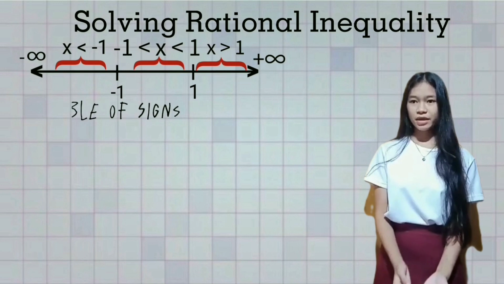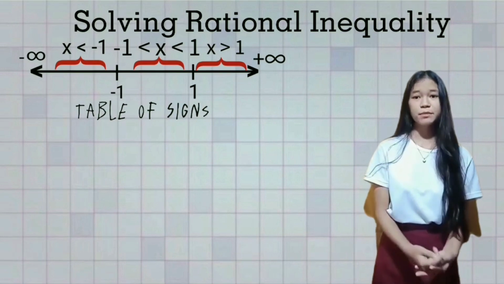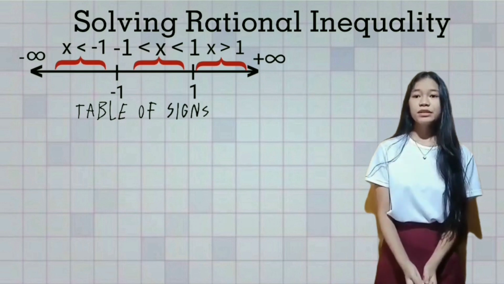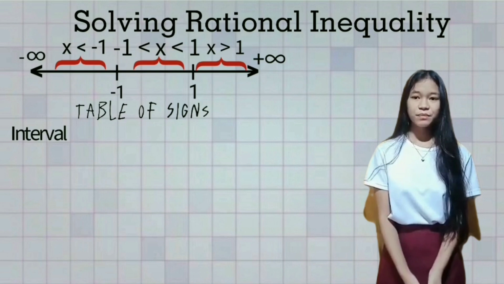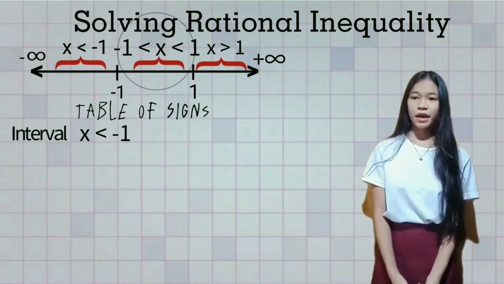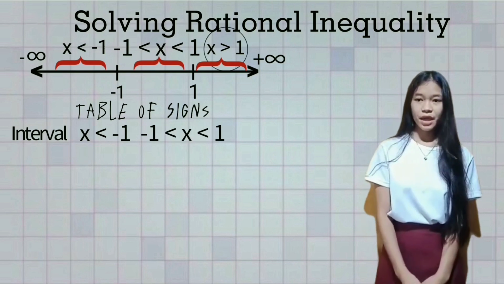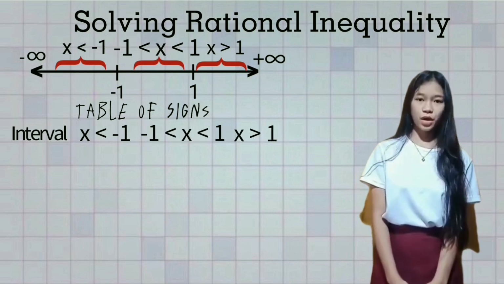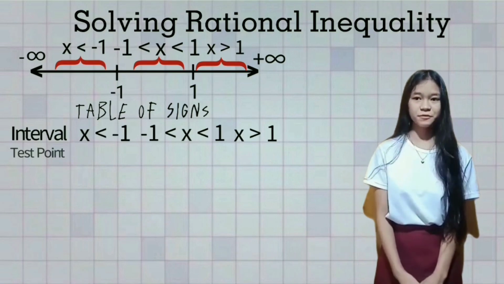So we can now make a table of signs. In our table of signs, we need our 3 intervals. First, x less than negative 1, then x greater than negative 1 but less than 1, and then x greater than 1. Now let's get our test points.